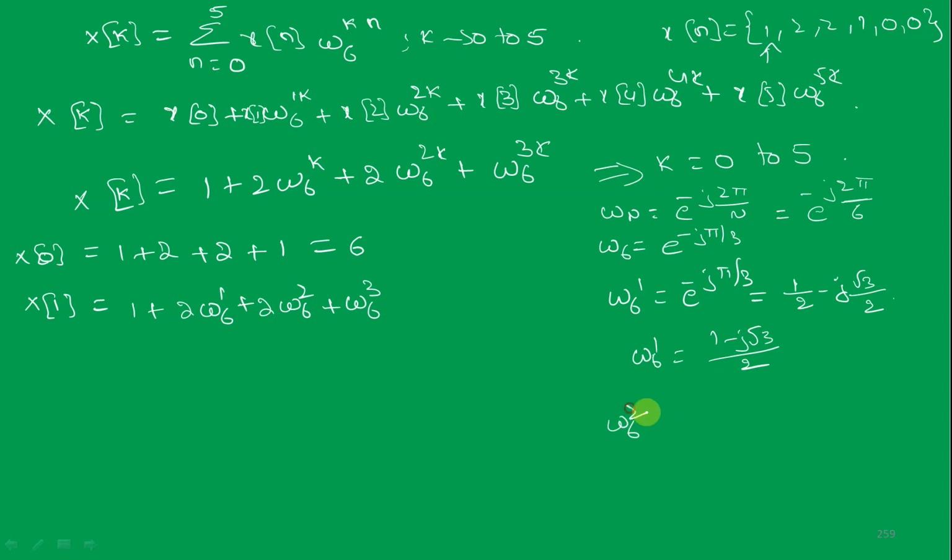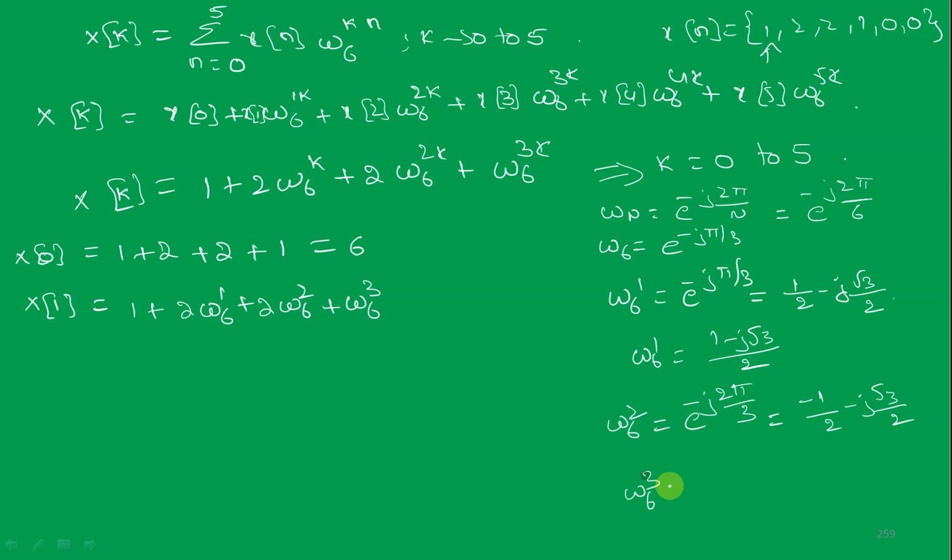Similarly, W6 power 2 is e power minus j pi by 3 whole square, that means 2 pi by 3. Cos 2 pi by 3 minus j sin 2 pi by 3, that is minus 1 by 2 minus j root 3 by 2. So that means here that is (minus 1 minus j root 3)/2.